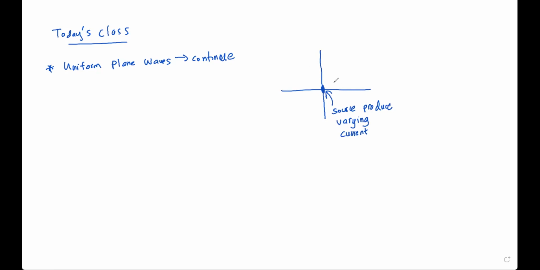So we can observe magnetic fields generated around this varying current. If we take, for example, an antenna, we are supplying a varying current to the antenna feed point.